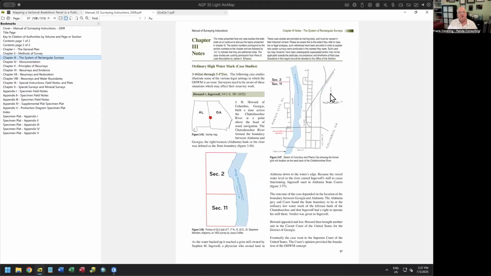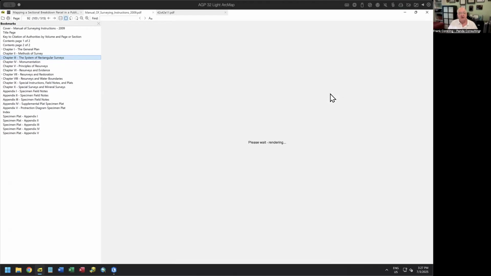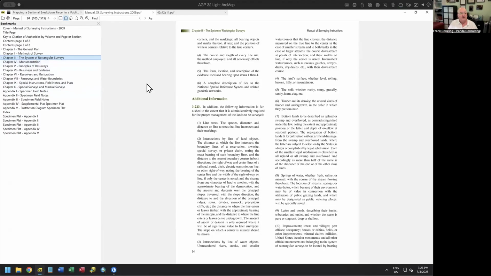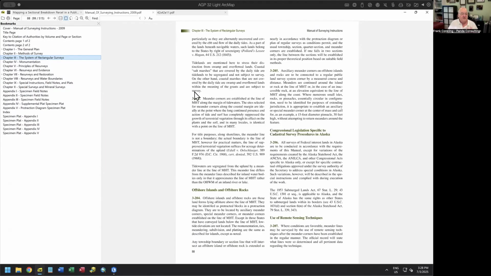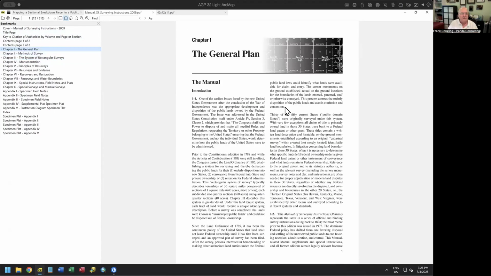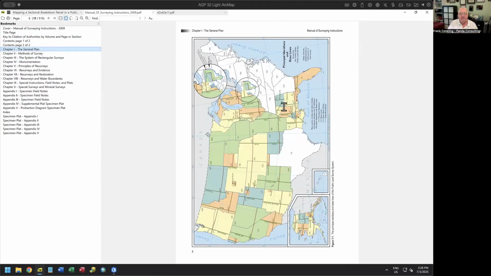There's all sorts of things that occur as you're going in here and looking through this. You can see that there's all sorts of rules as far as how it's supposed to be broken down on here. Again, I highly recommend it. You go ahead and download this PDF. It's from the Bureau of Land Management. It's a great manual here.